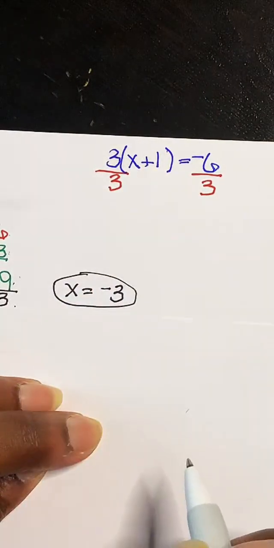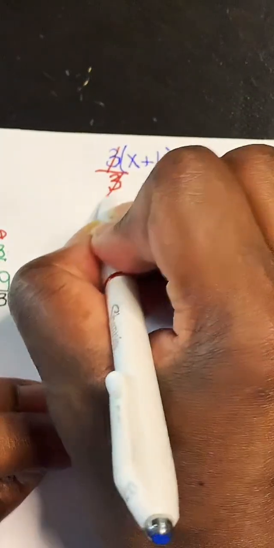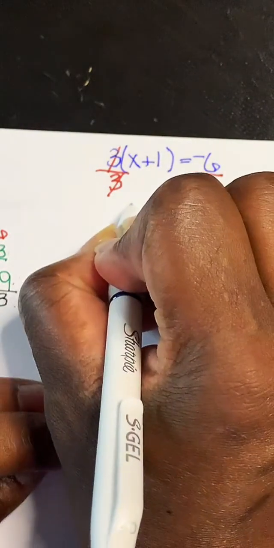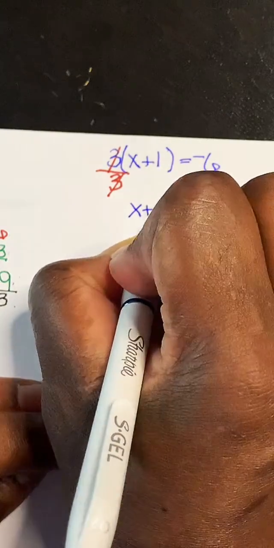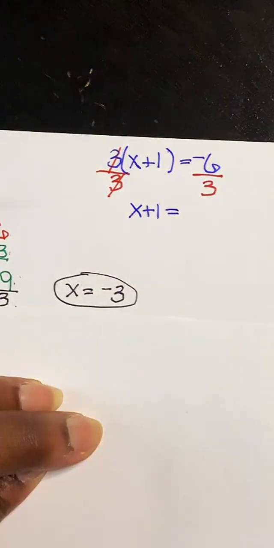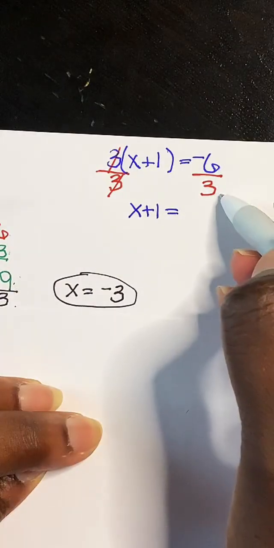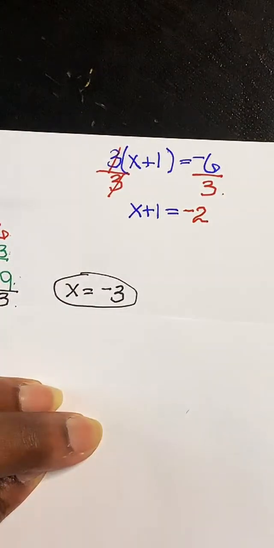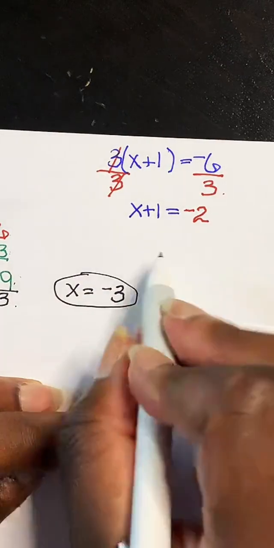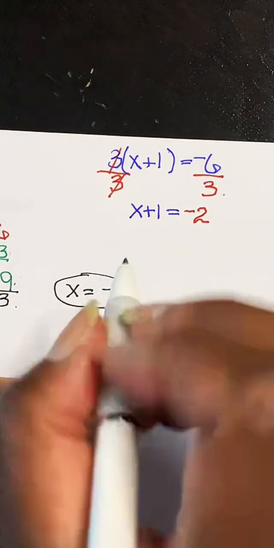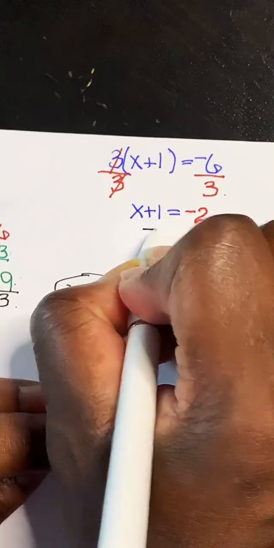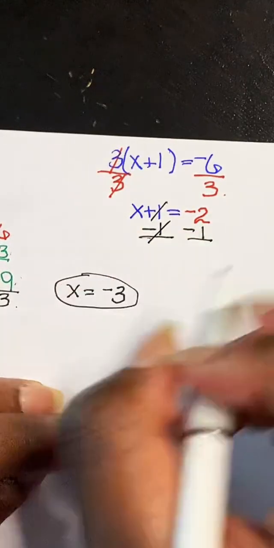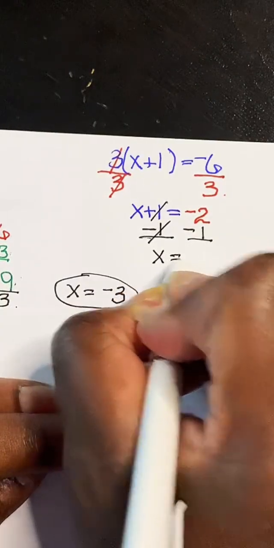The opposite of multiplication is division. That's the inverse. I can go ahead and divide both sides by 3. I don't have a plus anything or a minus anything after the parenthesis. That's why this side is nothing but multiplication. So when those cancel out, what's left is, without the parenthesis, my x plus 1 equals -6 divided by 3 gives me a -2.